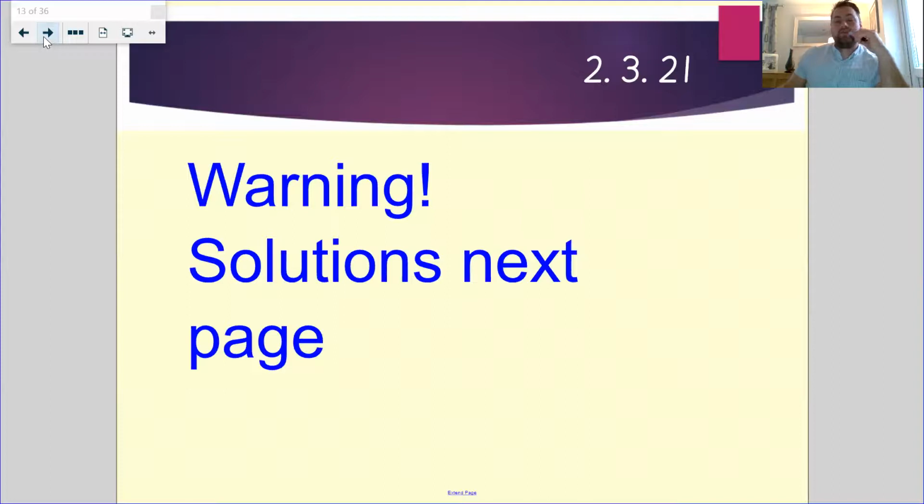Right, warning, the solutions are on the next page. So what you need to do is you now need to go off and do the task. No cheating, please. I've only put these up here so that you can check against ideas that I may have. There's only a couple of ideas, but there's loads more different ways.